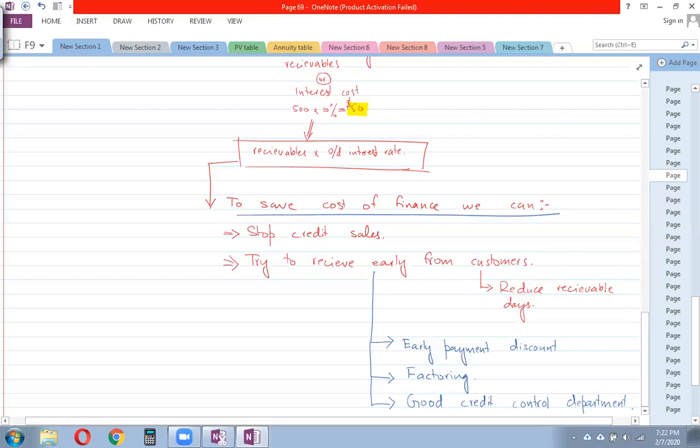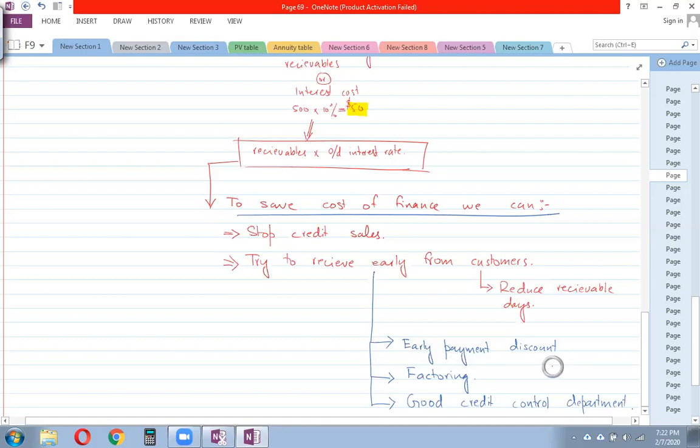If you offer them early payment discount, of course, the customers will pay you early. Watch it very carefully. If you offer them early payment discount, the customer will pay you early, right? You will have less receivables, you'll take less overdraft, and you'll have less interest cost as well. But when you offer them discount, you have to bear the discount cost. Of course, that will be a cost for you as well, right?